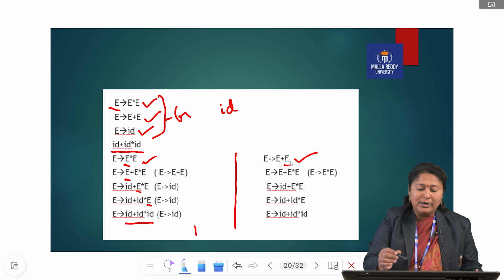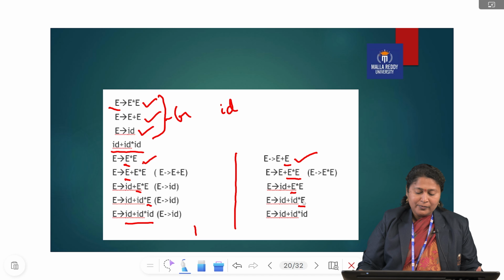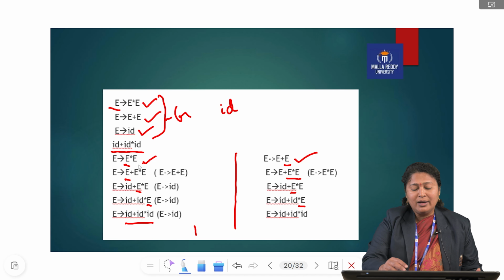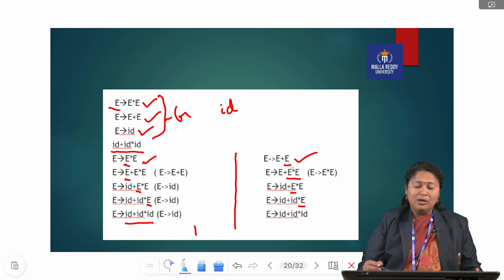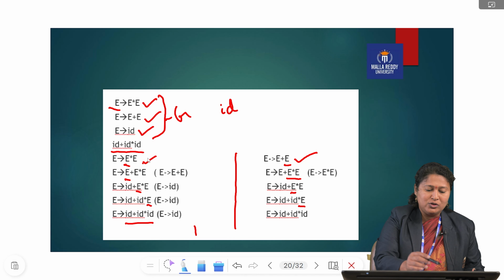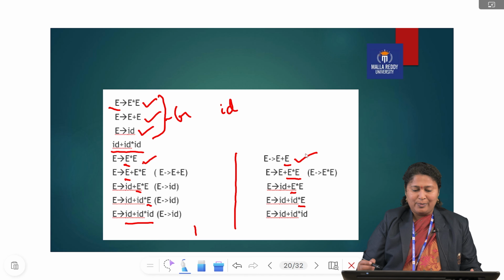That is, this E is replaced by E cross E, and this E is replaced by ID, this E is replaced by ID, and this E is replaced by ID. That is, either by taking E tends to E cross E, or by taking E tends to E plus E, in both ways it is able to get the input string. So here the system has a confusion whether it should follow this path or this path.